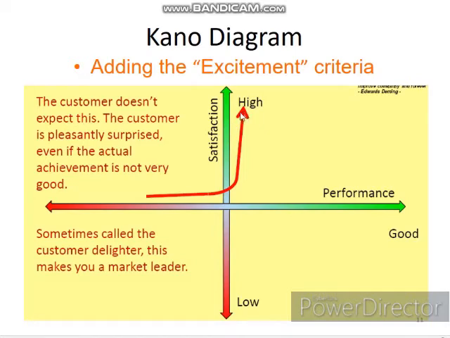Because of that, it became a market leader in that particular car segmentation in Malaysia. So that is an example of the excitement feature that you have to identify in your product segmentation. If you have that feature in your product, then you can become the market leader.